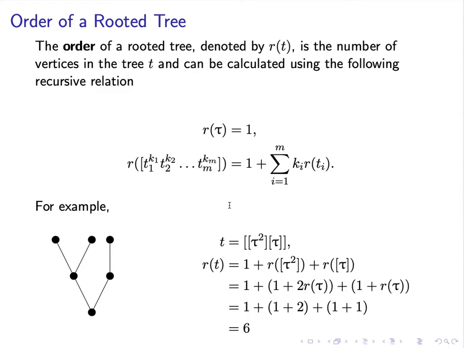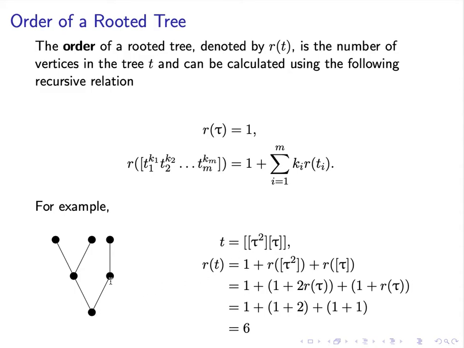So for example, here we've got an example tree. Let's have a look at the tree notation for this. We have a root node, and connected to the root node we have two subtrees. The first subtree does have children, so we denote that by a set of square brackets, and each of these children is simply a single node, and that is repeated, so we have tau superscript 2.